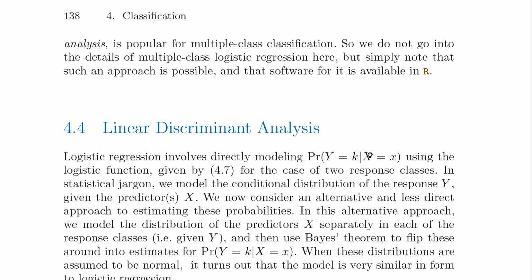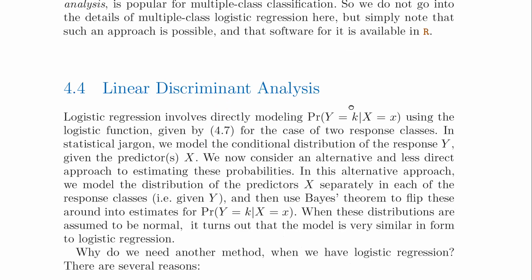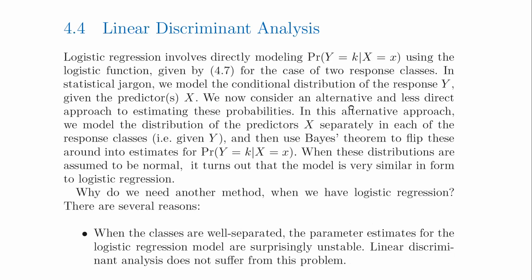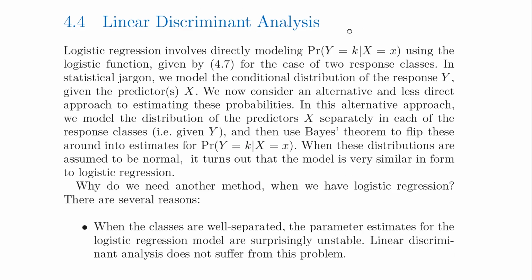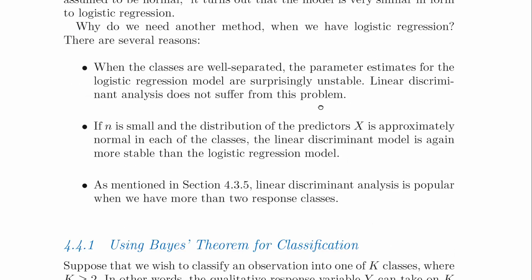Now we're using linear discriminant analysis as opposed to logistic regression when the response variable may take on more than two classes. And did we have any examples over here?